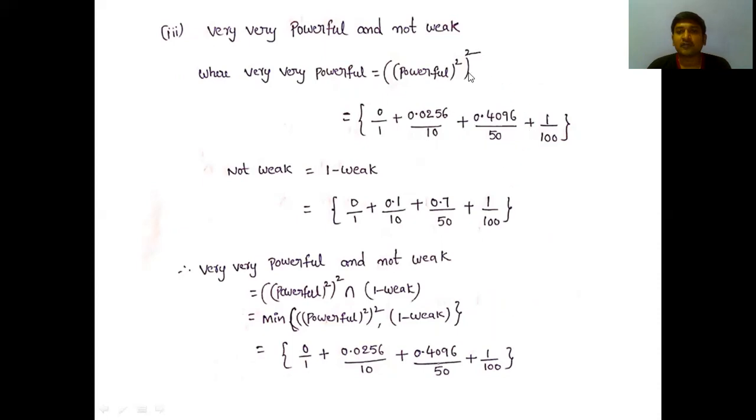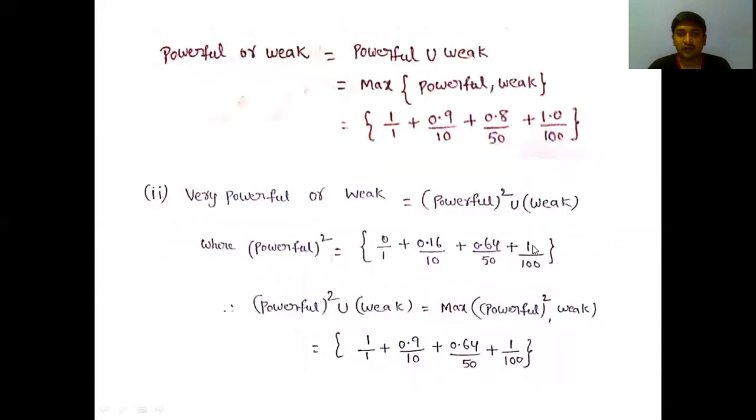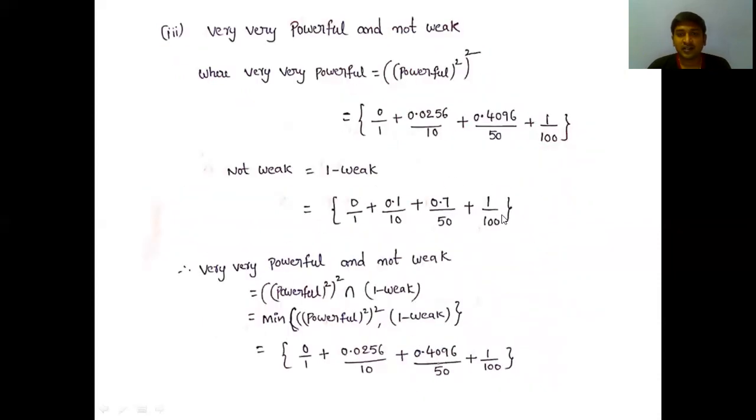Not weak means 1 minus weak, so we subtract the weak membership value from the maximum membership value, 1. Observe the weak statement: 1 minus 1 is 0, 1 minus 0.9 is 0.1, 1 minus 0.3 is 0.7, 1 minus 0 is 1. This is not weak.